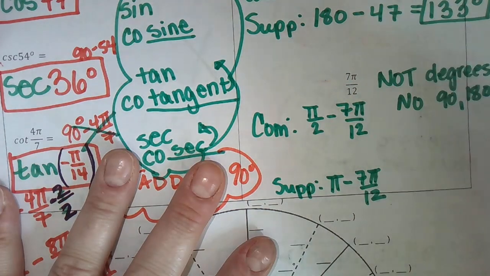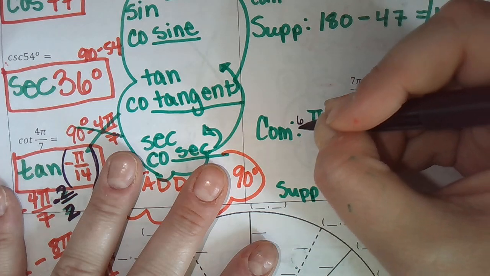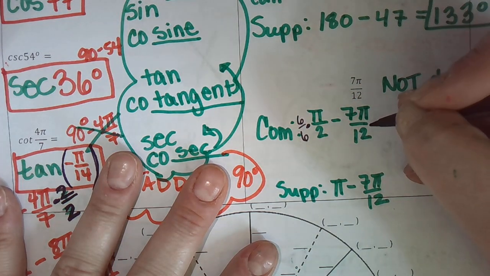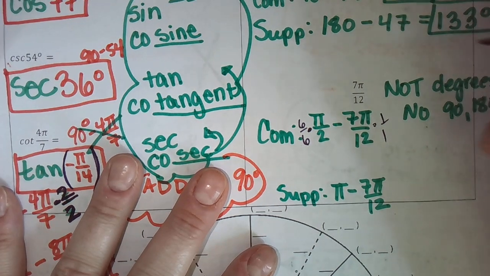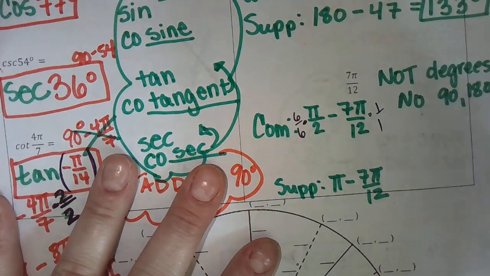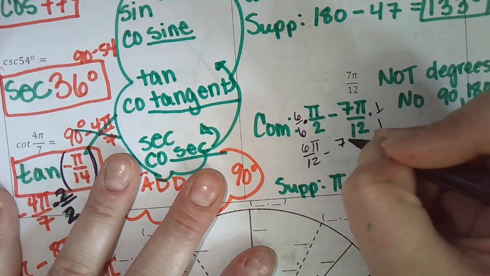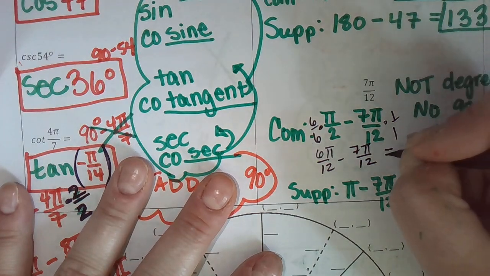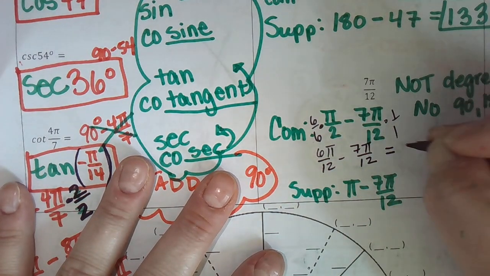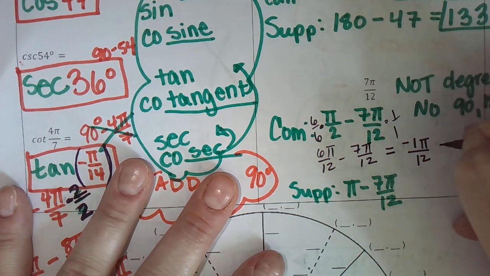Okay, let's use our common denominators. For this first one, I think I'm going to multiply by some 6's. And then on the right, you don't really have to multiply anything, maybe some 1's. Okay, so we get 6 pi over 12 minus 7 pi over 12.